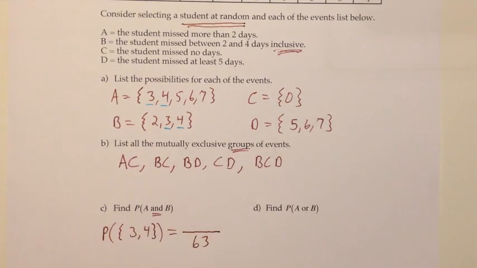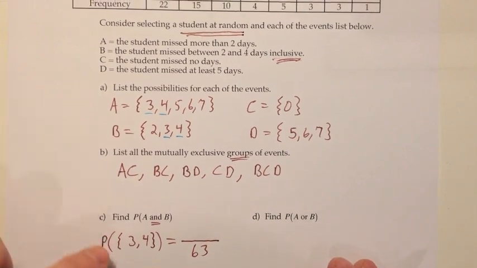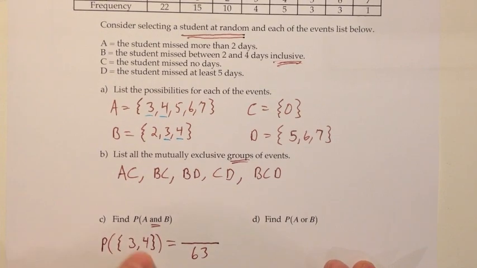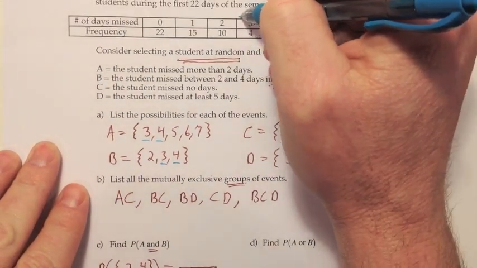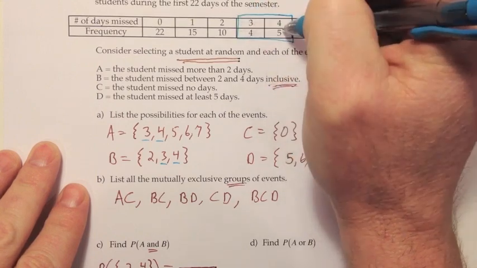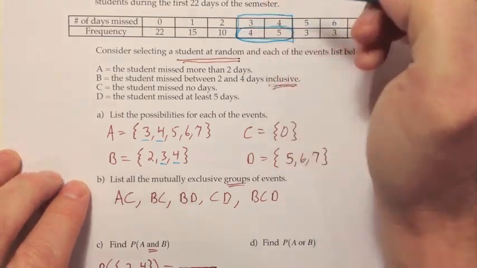And then when I think about, okay, so how many am I going to count? I want to count students in the top. I'm not going to add the 3 and the 4 because that's 3 days missed and 4 days missed. So the 3 and the 4 are right here. But what I want to count is how many times did they show up, and that would be this bottom part.